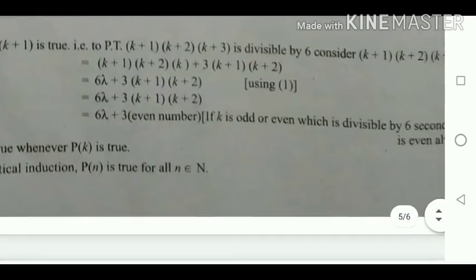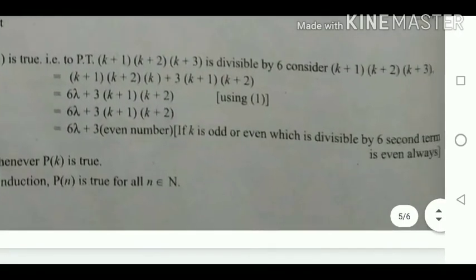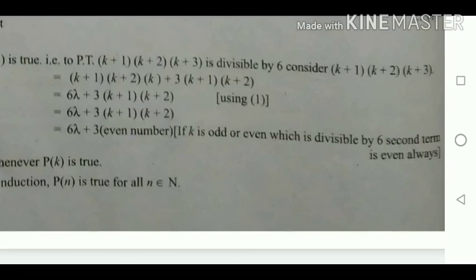Consider k plus 1, k plus 2 and k plus 3. Then k plus 1 into k plus 2 into k plus 3, that is, k plus 3 into k plus 1, k plus 2. Here k plus 1 and k plus 2 are taken as common. Remaining thing k and 3, that is 6 lambda plus 3 into k plus 1 into k plus 2, using 1.